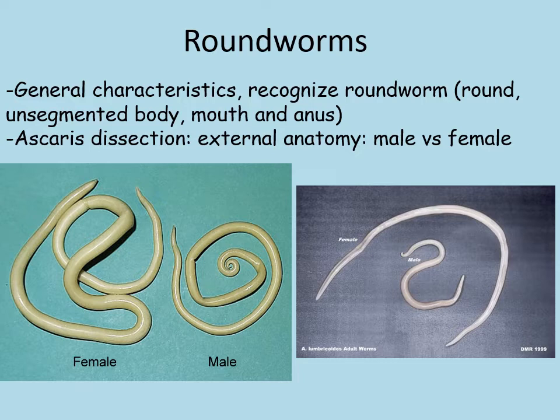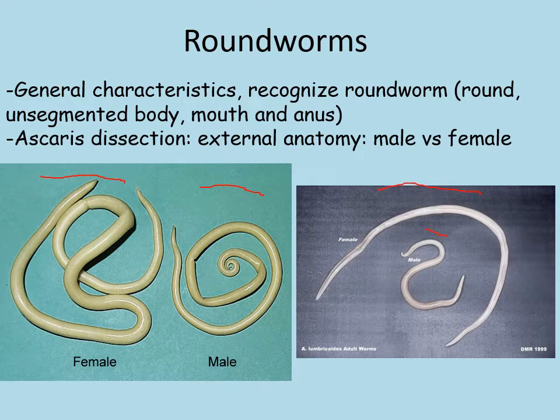In this case, the only thing I really want you to pay attention to, because there are not a lot of features on the Ascaris, is being able to tell the difference between a male Ascaris and a female Ascaris. As you can see in this picture on the left, the female is a lot bigger, a lot thicker around than the male. The male is much smaller. You can also see that on the right here, the female is thicker and longer than the male.